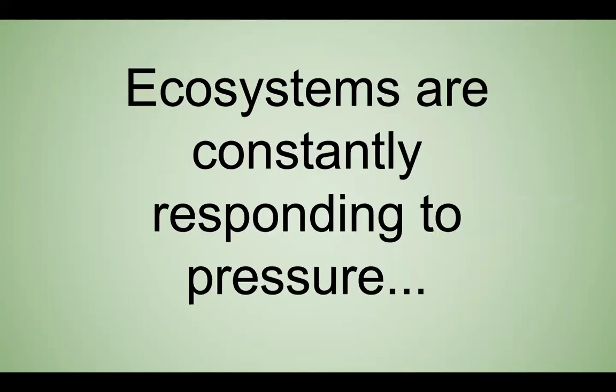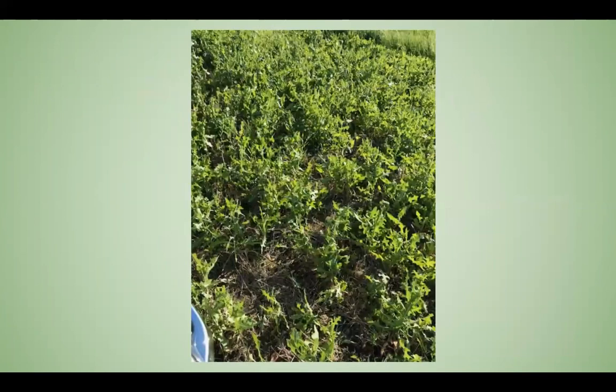Ecosystems are constantly responding to pressure, and they will use resistance and resilience to do this. And here's a great example. This is the similar patch of land that I just talked to you about that was in conventional agriculture. And you'll notice that pretty much the only stand that exists there is the weeds or the thistle here. And Mother Nature was trying to say, I need a break.